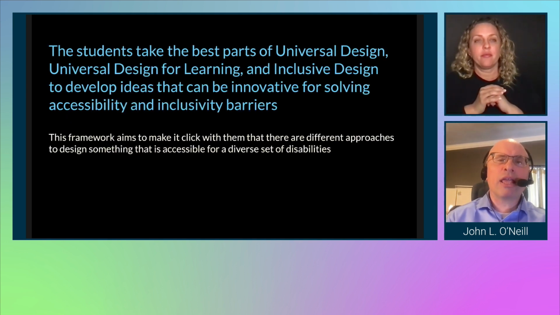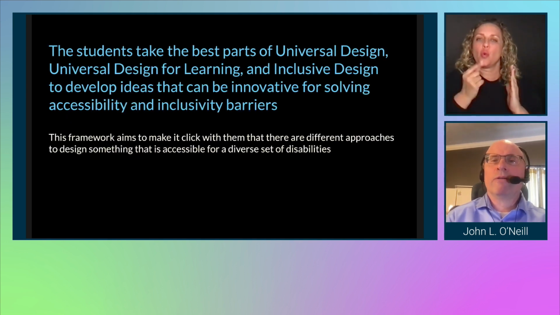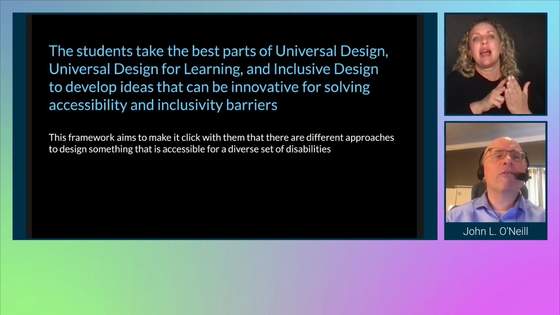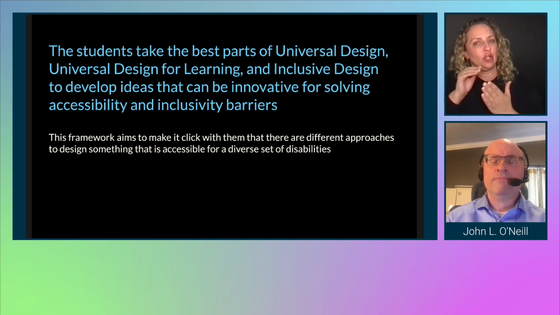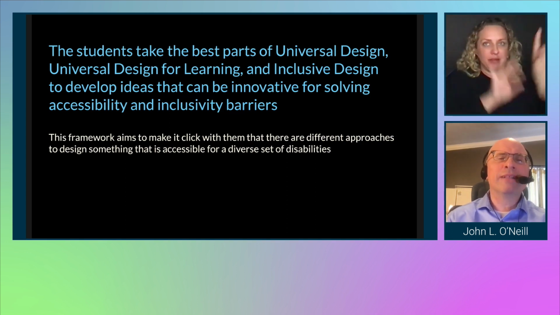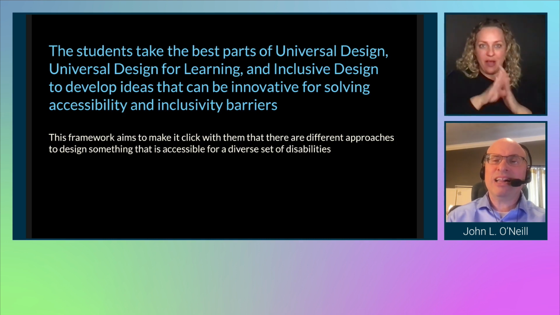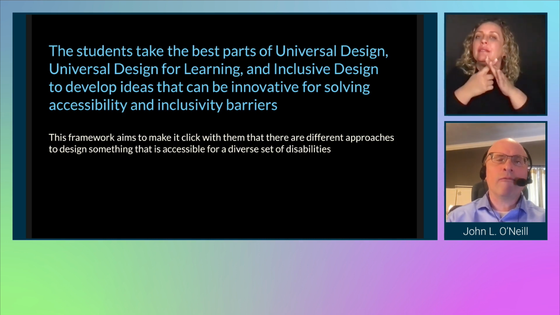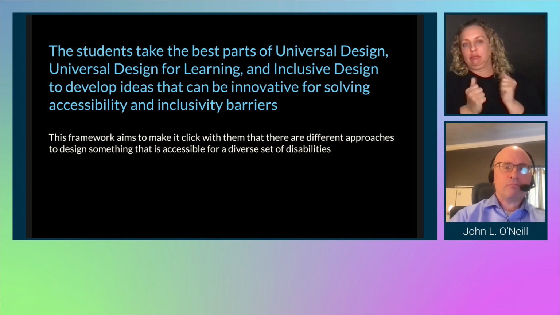The students take the best parts of universal design, universal design for learning, and inclusive design to develop ideas that can be innovative for solving accessibility and inclusive design barriers.